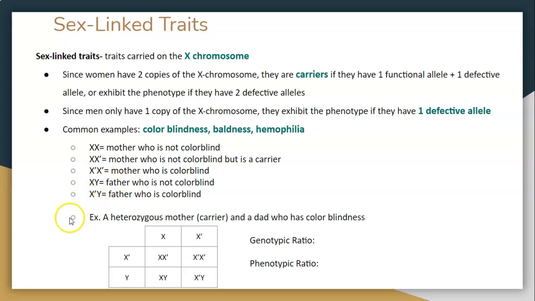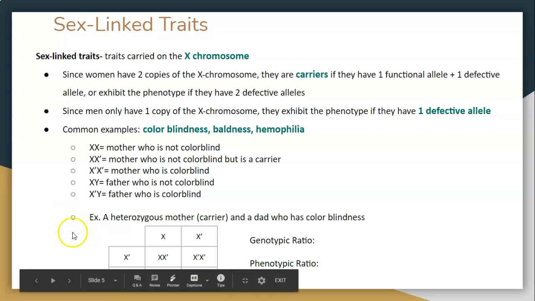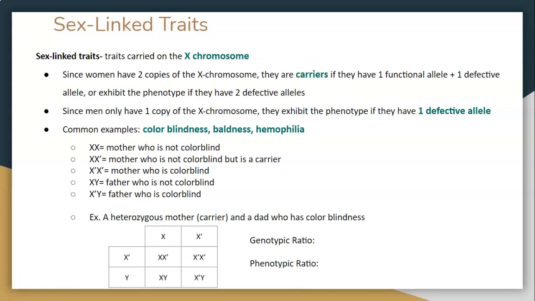you are colorblind. So looking at this Punnett square down below, we are crossing a carrier and a dad who has color blindness. So the carrier is XX prime. Again, a carrier can only be female, and then a dad who has color blindness. Looking at the offspring here, you can see that there are 4 different genotypes that are present.